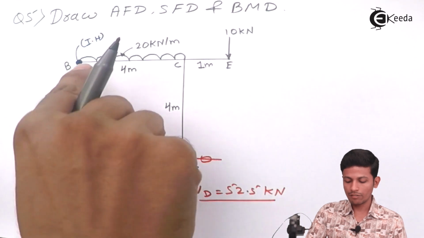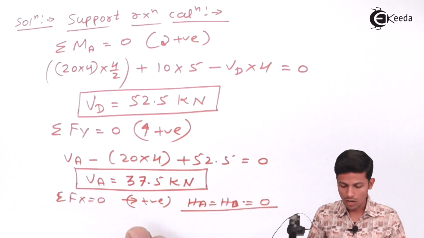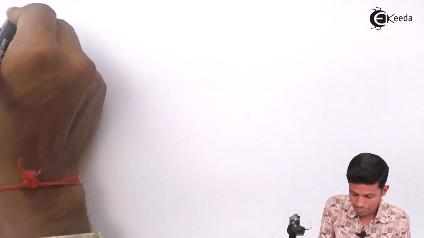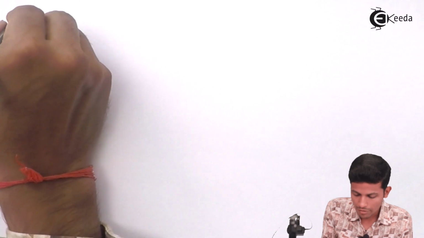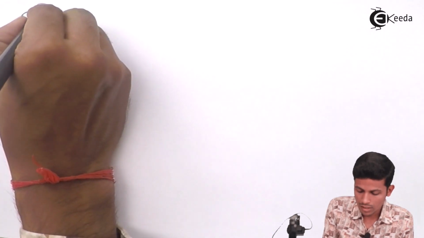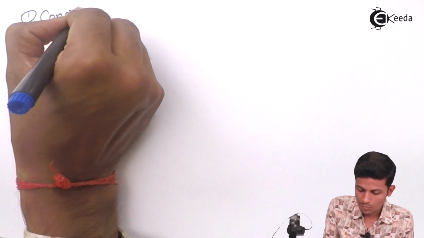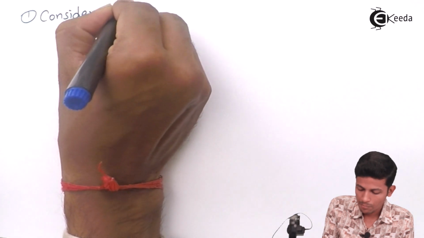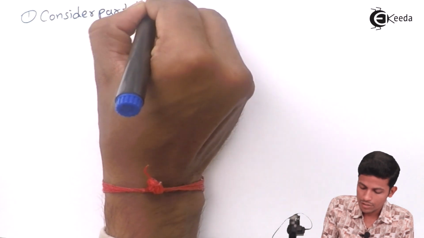Now let's see, consider first part AB. Our first part will be AB.